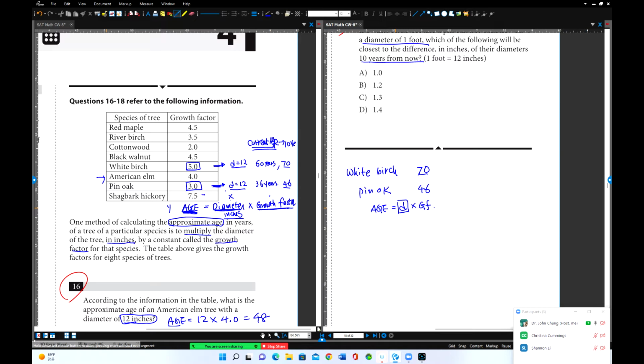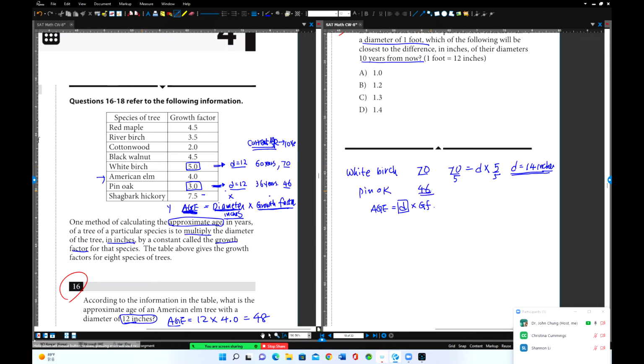The diameter will change, but the growth factor doesn't change. The growth factor is always the same number. So for the white birch it's 5.0, and D equals 70 divided by 5, which is 14 inches. The white birch tree diameter 10 years later will be 14 inches.